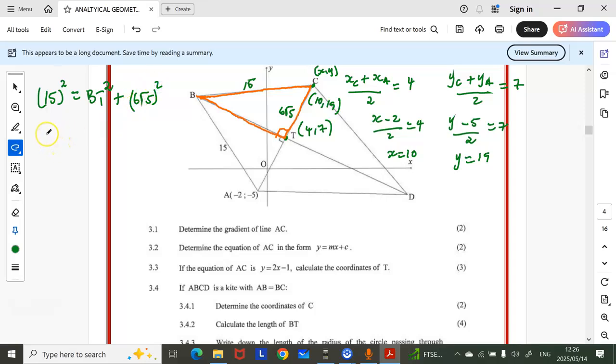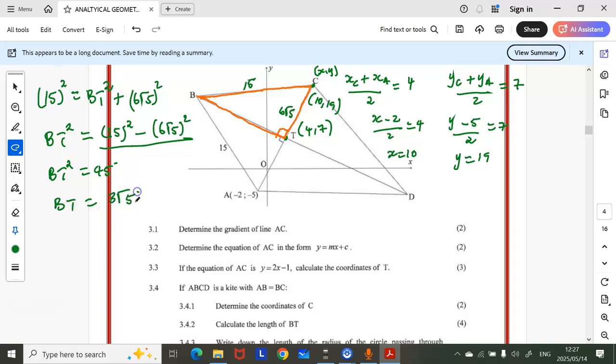So to find BT, we've got BT squared equals 15 squared minus 6 root 5 squared. What is this? Punch everything. It's 45. So BT squared is equal to 45. The square root of 45 is 3 root 5. So that's BT. Okay?